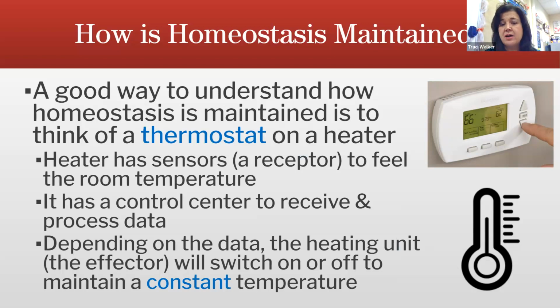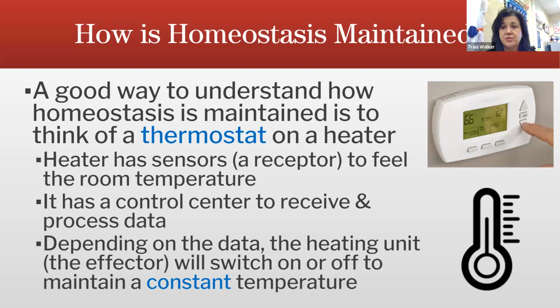And then depending on the temperature that the thermostat is set on, the thermostat will decide whether the unit, whether it's the heater or the air conditioner, needs to turn on or off. Okay, so let's just say you set your temperature at, let's say 70 degrees. Okay, and it's a cold day. So you've got the heater going and you like for it to stay about 70 degrees in your house.